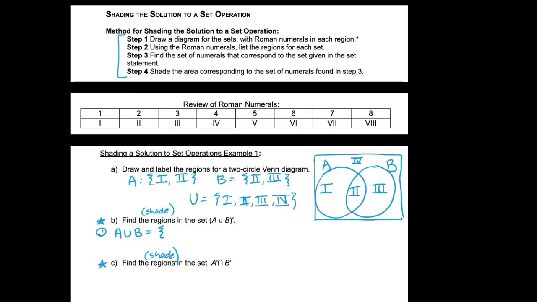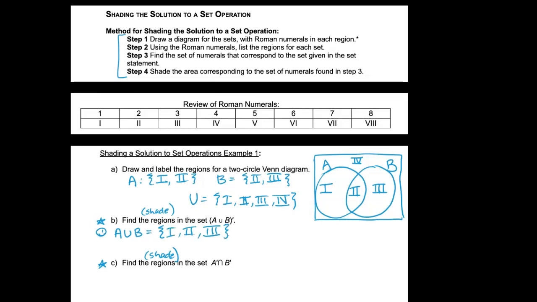I can either look at the picture and see that A and B all combine together, because that's what union means. We can use the word "or" or the word "combine." We're combining these together, so we're going to have 1, 2, and 3. Or you can look at the sets up here and just take 1, 2, and 3. I don't have to write down 2 twice since it shows up in both sets. So 1, 2, and 3 are all in A union B.